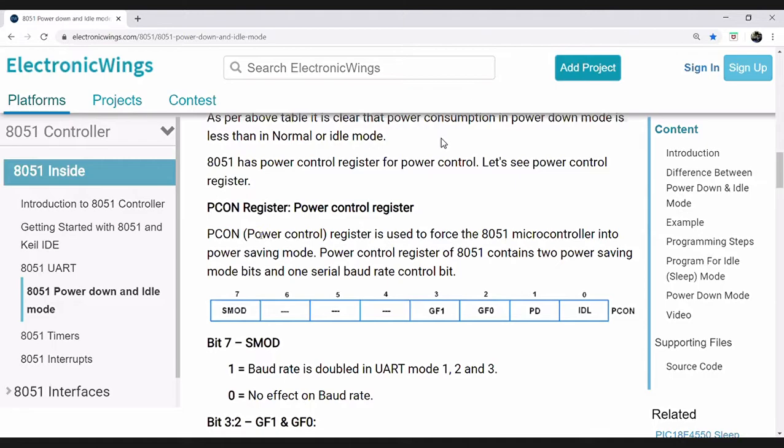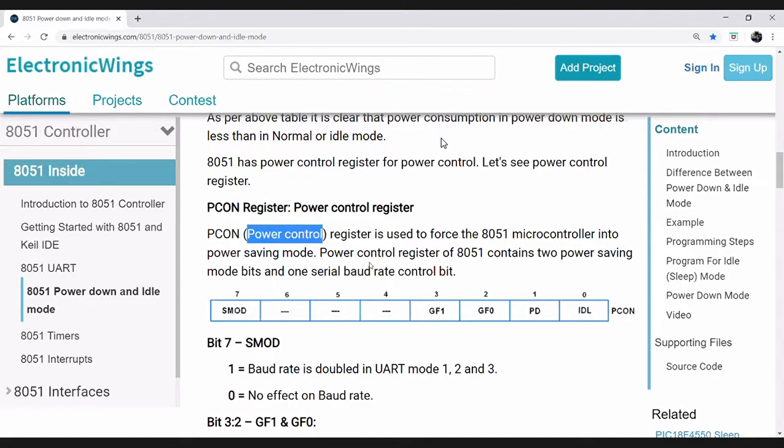PCON stands for power control. It is used to force the 8051 into power saving mode. The power control register contains two power saving mode bits and one serial baud rate control bit.